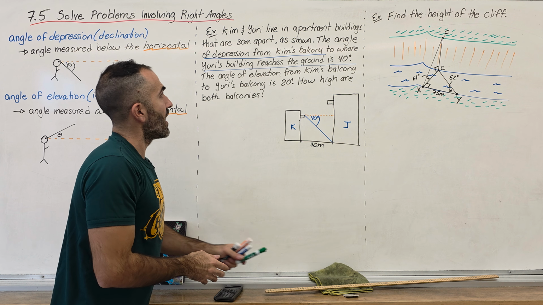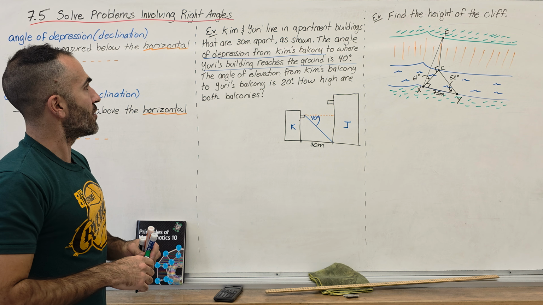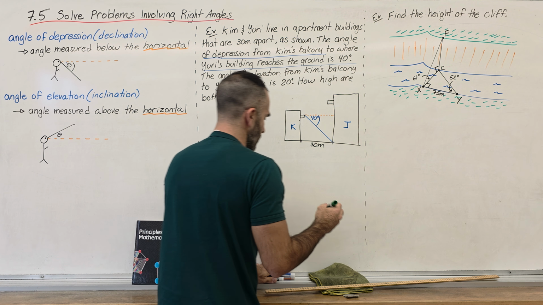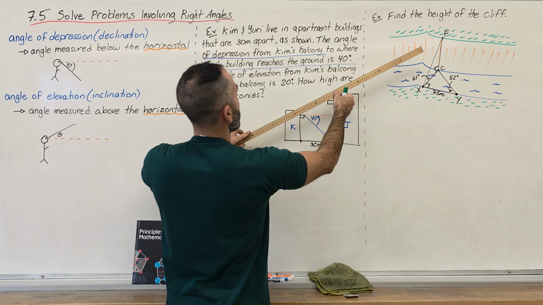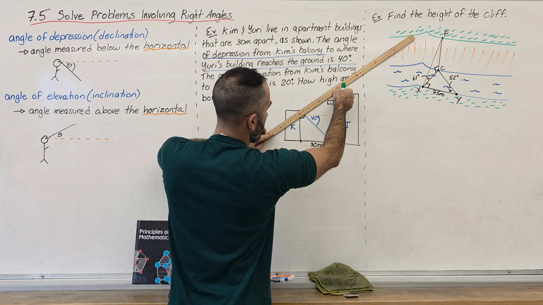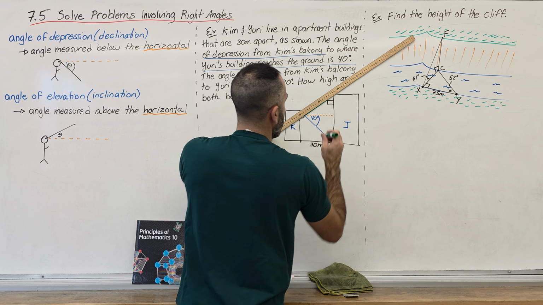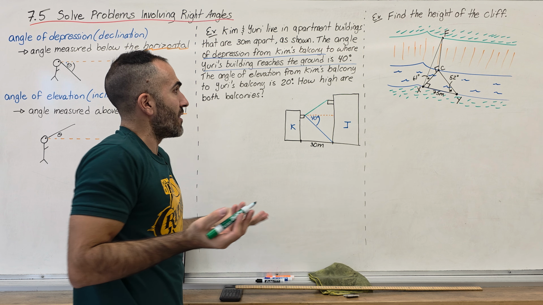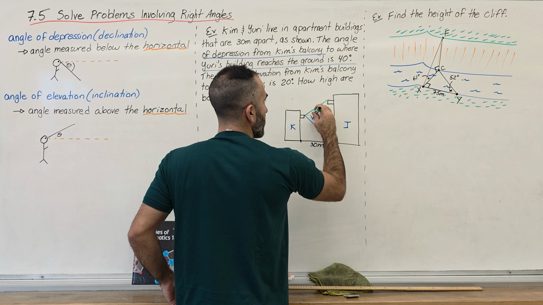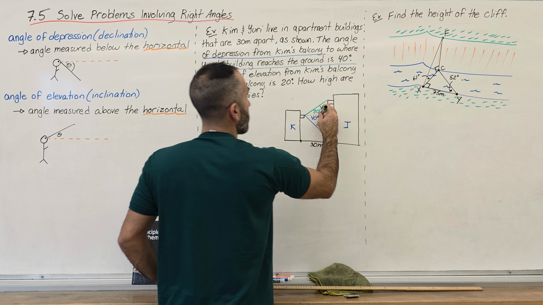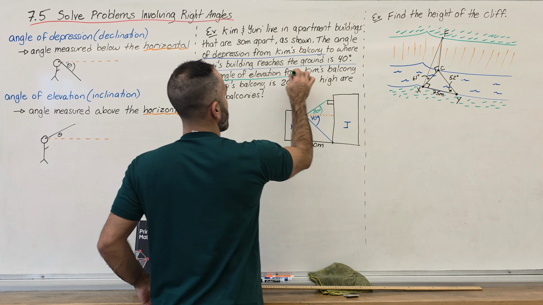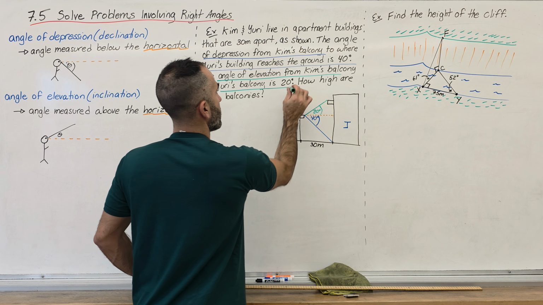Next, the angle of elevation from Kim's balcony to Yuri's balcony is 20 degrees. So if I go from Kim's to Yuri's, here to here, I draw a line. Because my horizontal is already there, this is a really easy one. This is just a 20 up here. So the angle of elevation from Kim's balcony is 20.